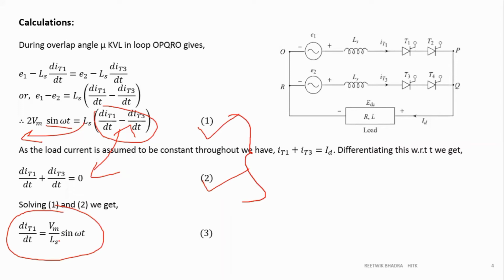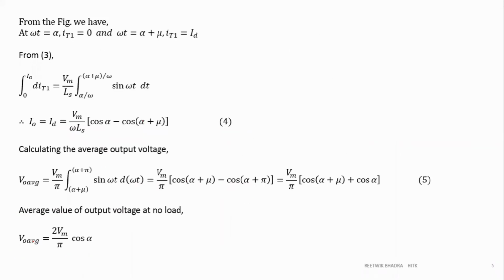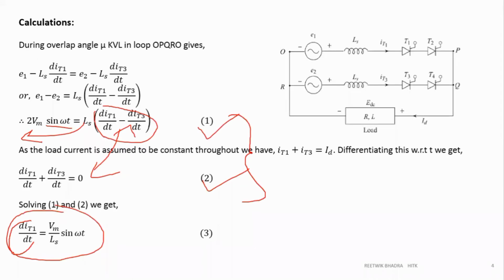Now what we will do is try to find out this current. If I want to find out the current, I have this equation, and then I have to put my limits, for which I am putting the limit on IT1. Be careful of the limit.